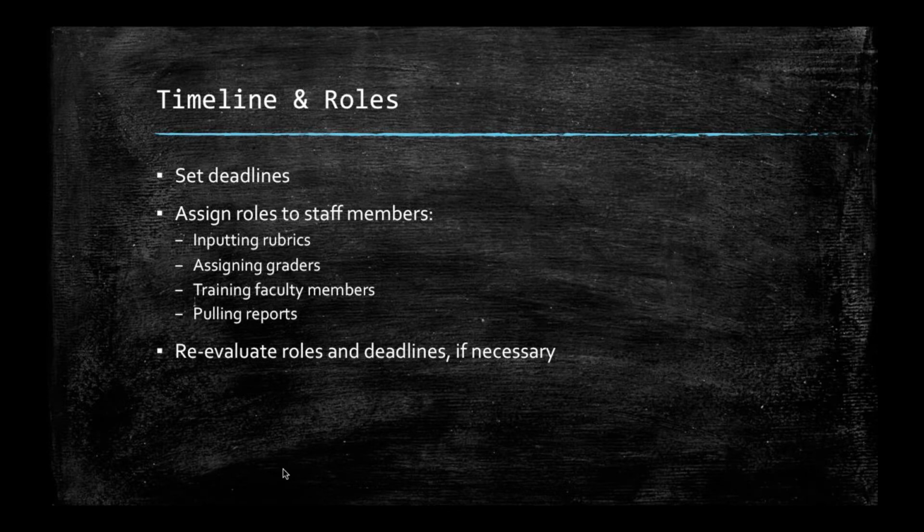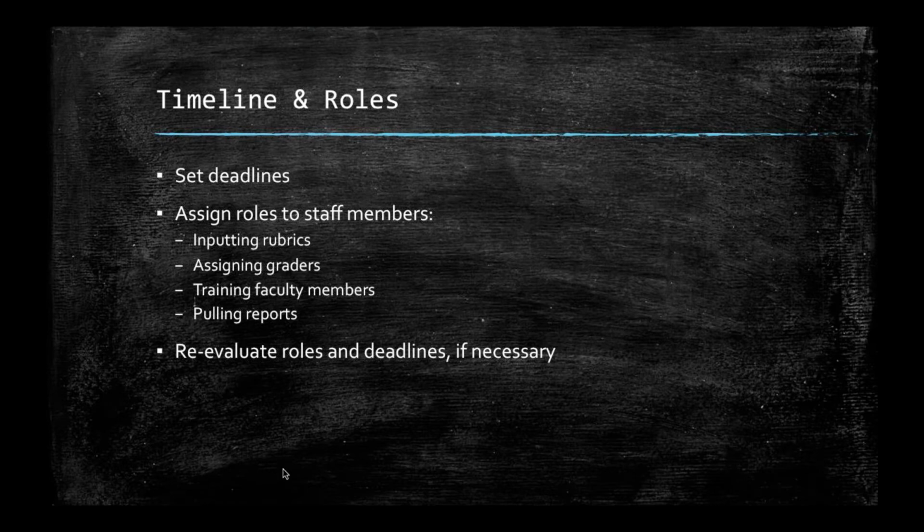And so having those deadlines and making sure that you meet those deadlines and that your staff members and your faculty members meet those deadlines is pretty key for moving the process along. Also, assigning roles to staff members. As I mentioned, we had all these different tasks that needed to be done, and so just dividing and conquering.